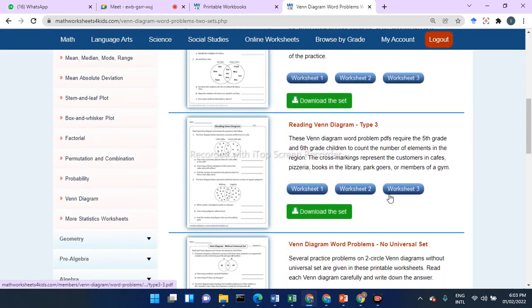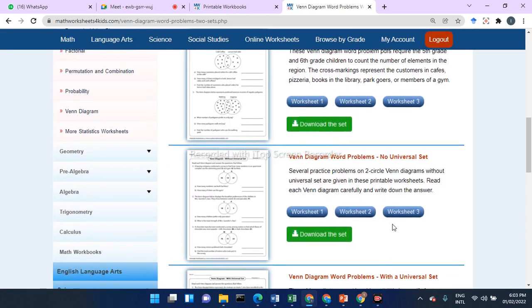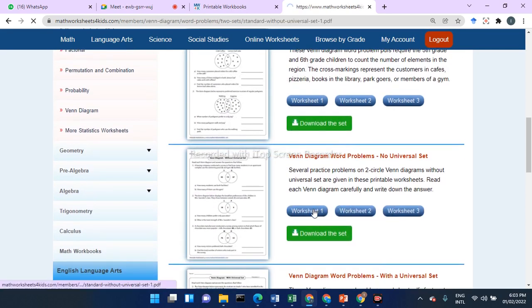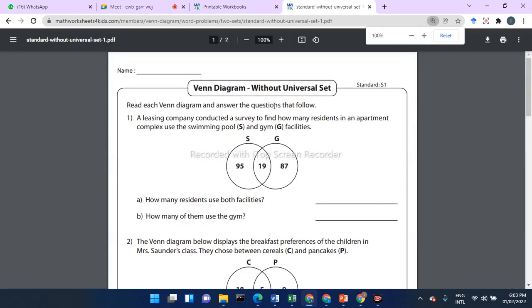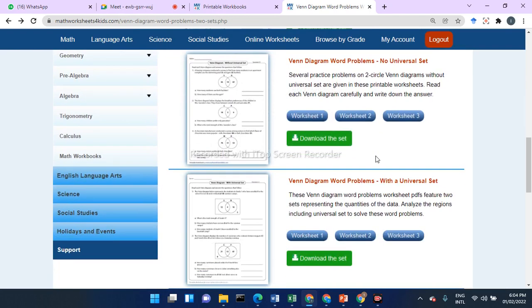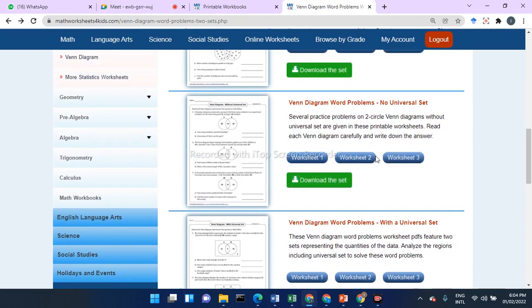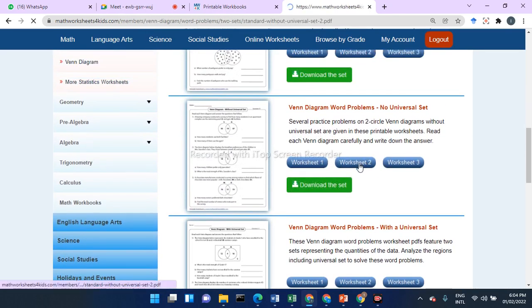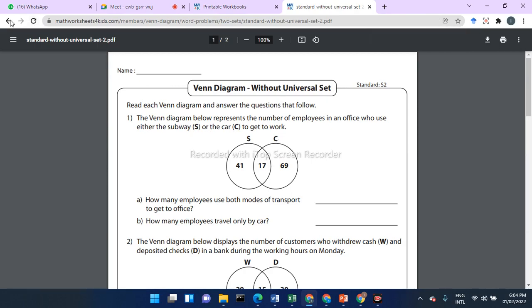Okay. Alright. So we're gonna continue where we started with these word problems without the universal set, like we did yesterday.